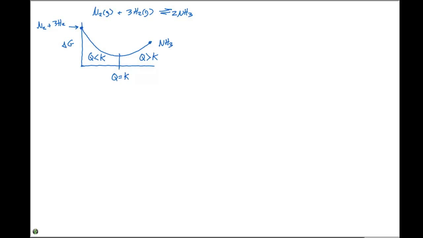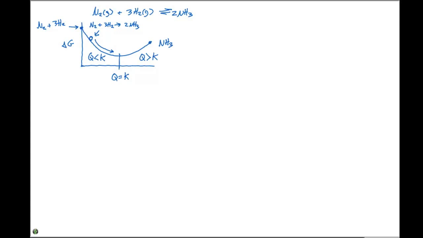If we're over here at this point, we're going to have an excess amount of nitrogen and hydrogen. If we have more nitrogen and hydrogen, in order to reach equilibrium, we're going to have to proceed forward. So the spontaneous process in here is nitrogen plus 3 hydrogens, giving us 2 ammonias.